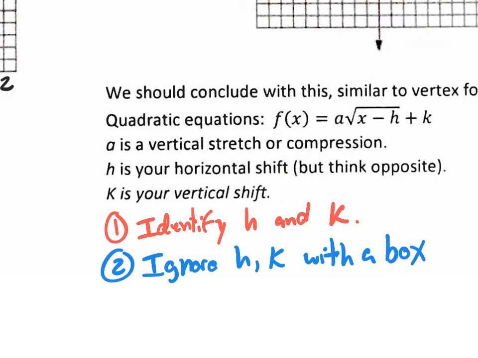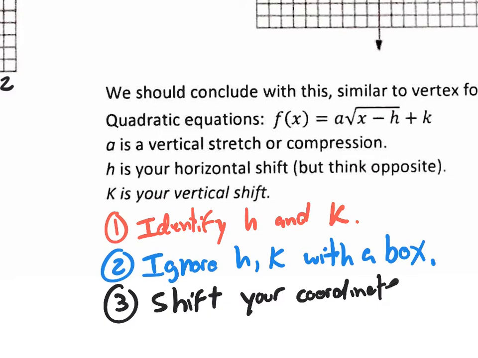Once I show you this, it'll be easy to understand. And then step 3, shift your coordinates. So you ignore H and K with the box and graph. I'm sorry, I should have put "and graph." And then shift your coordinates with H and K according to H, K.